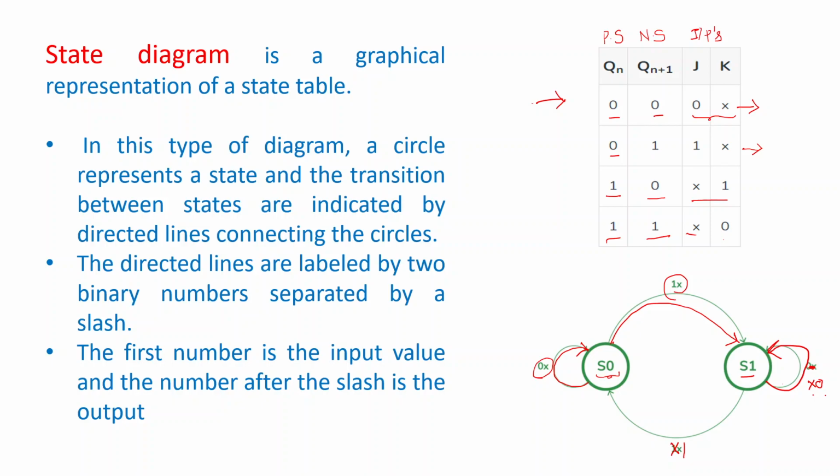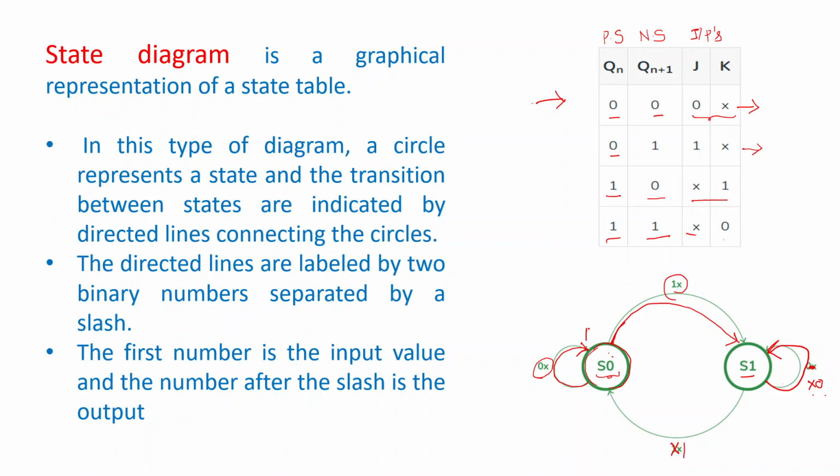Here the circle represents a state. Here S0 is within the circle, so it is called a state. S1 is also represented by a circle, so a state is represented by a circle, and then the directed lines give the origin, that is the present state. The origin of a directed line is the present state.